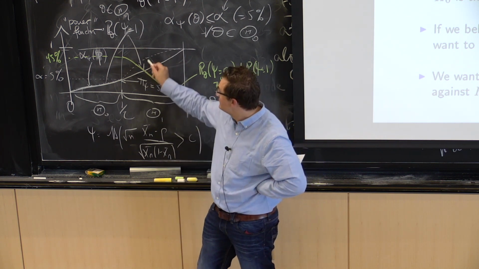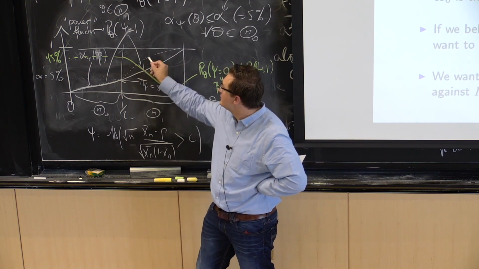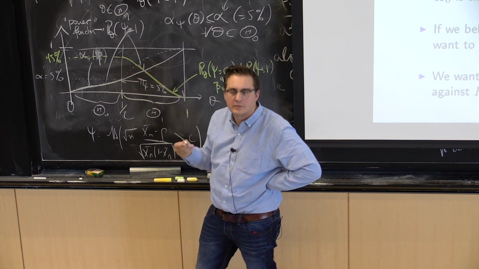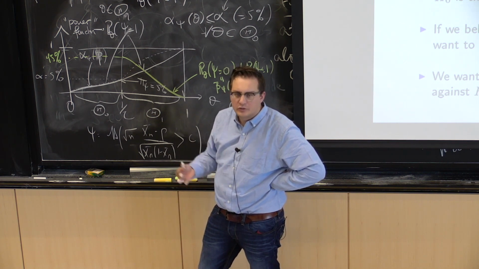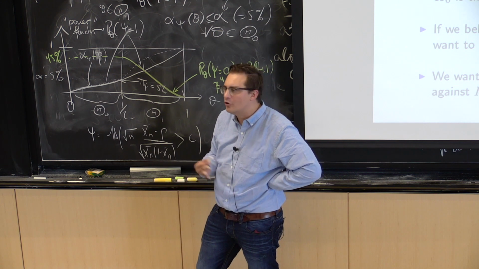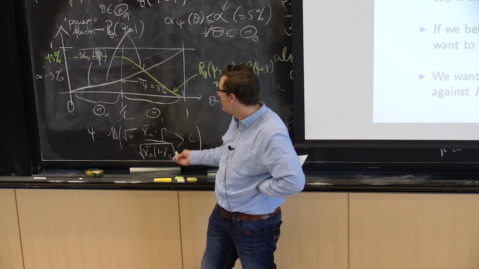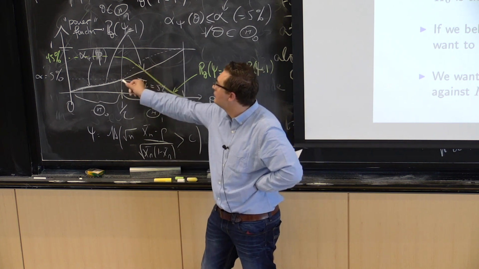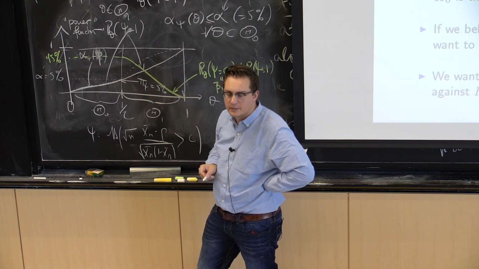OK, so this guy is definitely better than this guy. And so what we say in this case is that the test with the dashed line is uniformly more powerful than the other test. But we're not going to go into those details because basically all the tests that we will describe are already the most powerful ones. OK, in particular, this guy is, there's no such thing. All the other guys you can come up with are going to actually be below. OK?